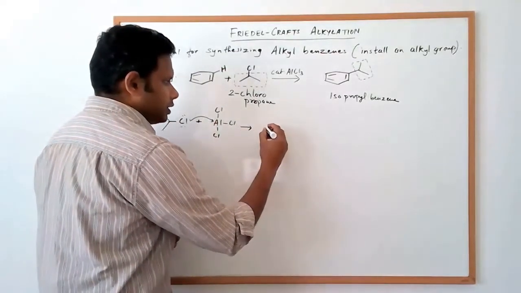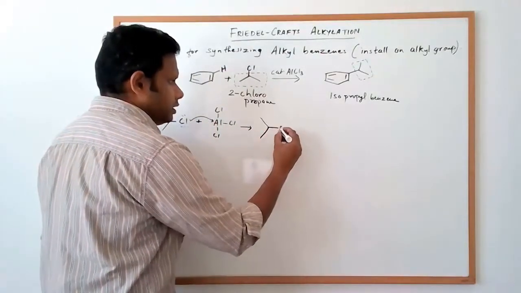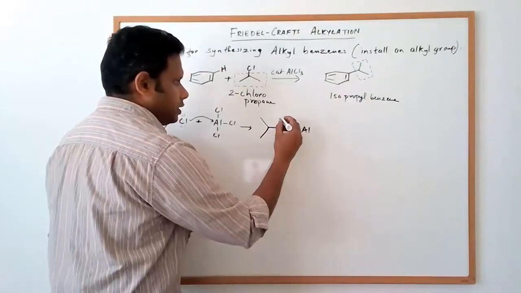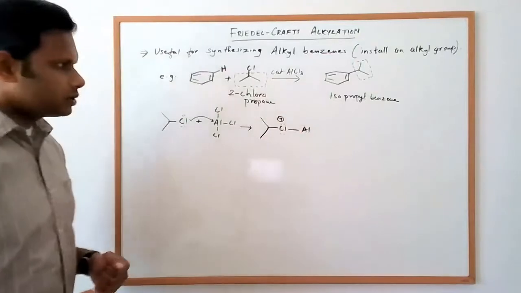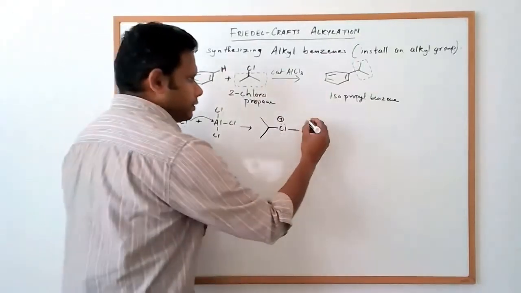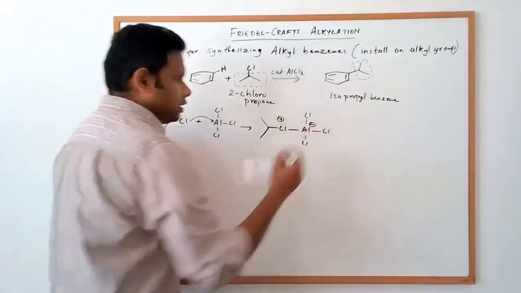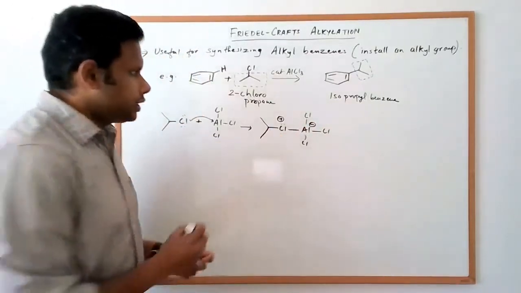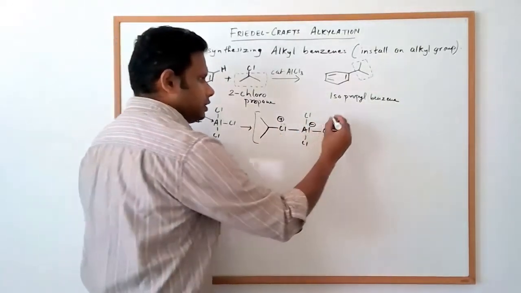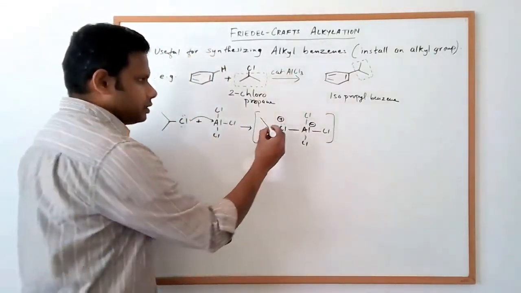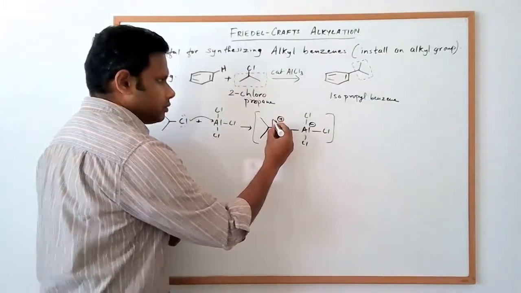This gives us an intermediate where the chlorine has a formal positive charge and the aluminum has a formal negative charge. From this intermediate, the bond here can break.